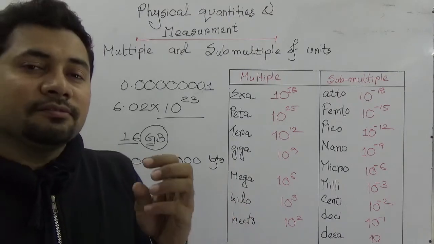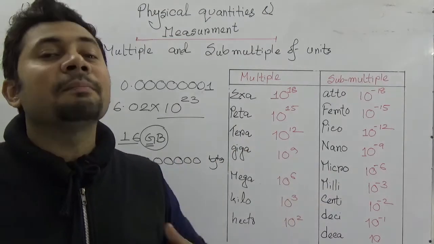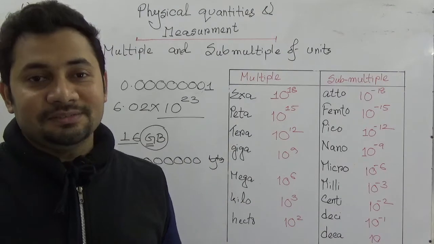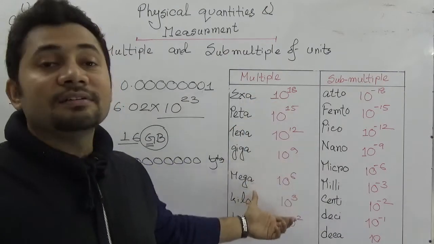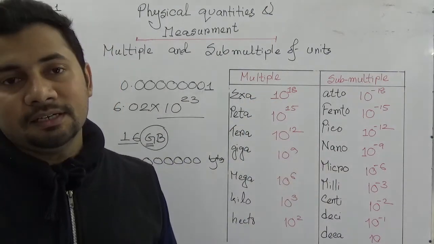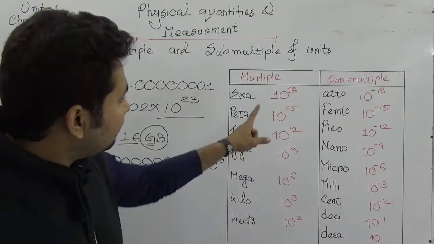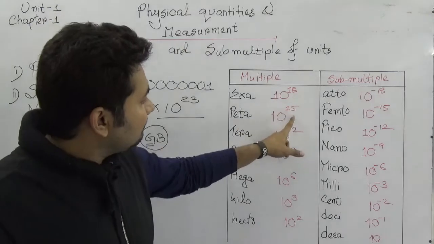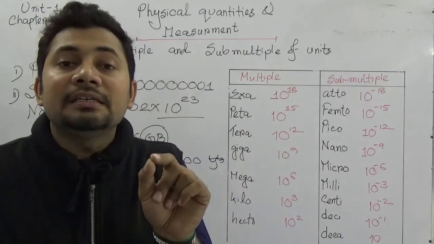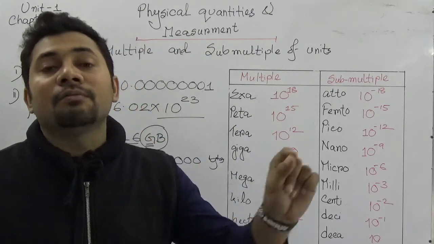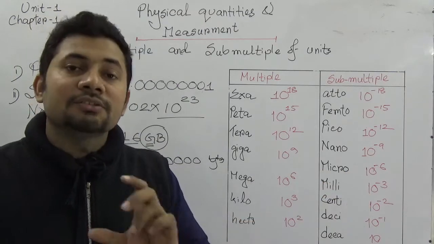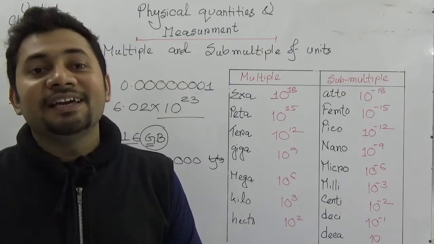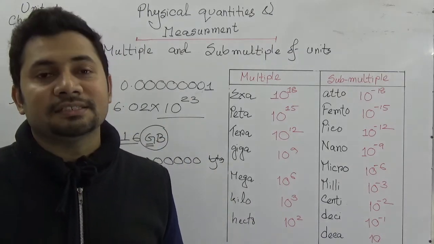That's why, in expressing bigger or smaller or tiny amounts in a smaller expression, we need to follow these multiple and submultiple scientific notations. These words are the prefix, and this number expresses how many zeros after one digit.